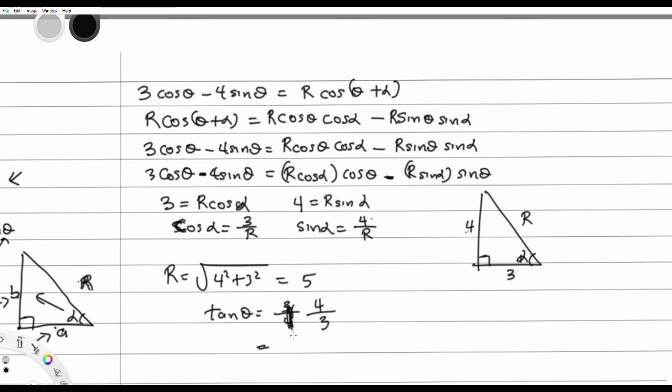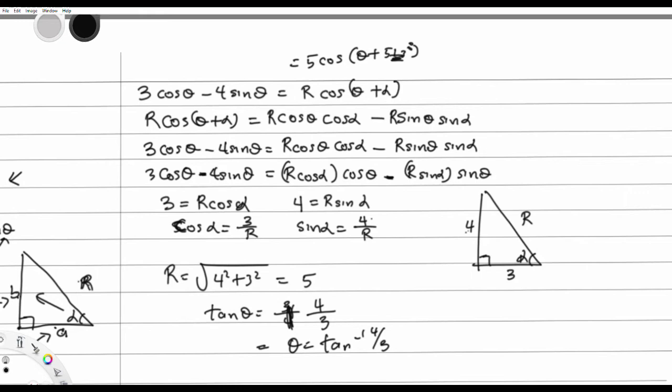So then alpha would be arctan of 4 over 3, and whatever you get, sorry, I'm not with a calculator here, so whatsoever arctan of 3 over 4 is, will be the alpha. Then we already know r is 5, so the answer here will be 5 cos theta plus, I think this is 5, I'm not sure, just please get a calculator and confirm this. I'm not with a calculator, so this is the answer.